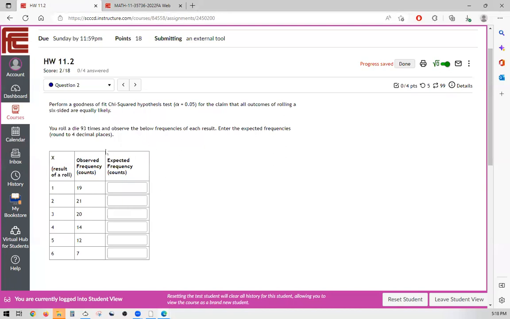Well, the claim is that all outcomes of the 6-sided die are equally likely. So what you need to do is take the total and divide it among the 6 numbers. If it's equally likely, and I rolled it 93 times, then all of these should be the same. I should get the same amount.